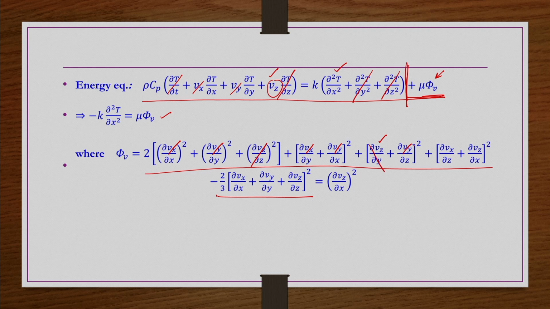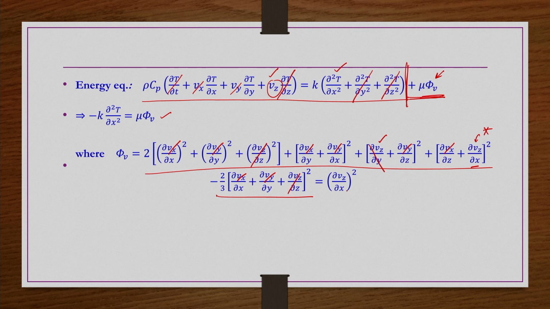Vy is not there, so this is 0, Vx is not there, this is 0, Vz is existing, and it is a function of x also. So this term should be taken. So this term would be there, right. So from here, Vx is 0, Vy is 0, and Vz is a function of x only, it is not a function of z. So what we get here, phi v is nothing but just dVz/dx whole square.